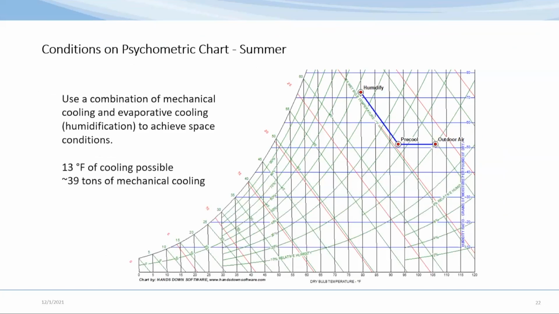We have to do this with mechanical cooling to achieve our final set point. If we're following an enthalpy line, we can't hit that alone. So mechanical cooling, but we can offset 13 degrees Fahrenheit of cooling, which equates to 39 tons of mechanical cooling, which can be very cost advantageous.